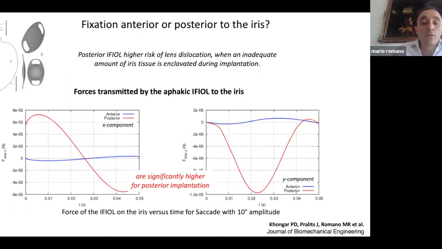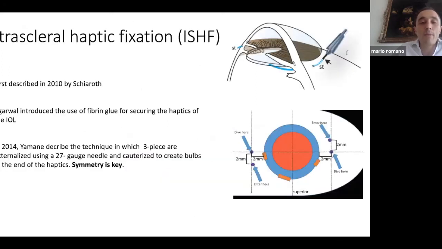But we also need to know, as we published in this paper, that the force transmission in case of posterior implant is higher. So we need an adequate amount of iris tissue enclavated during the posterior implantation. Otherwise, we have a high chance of dislocation of the iris claw implant.